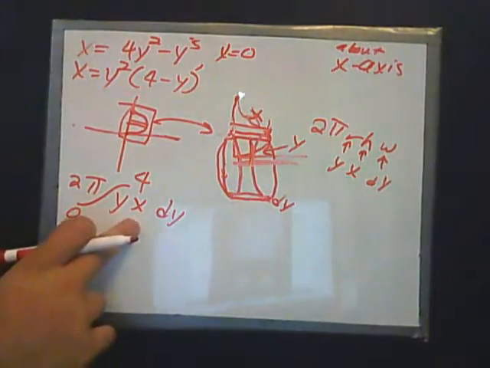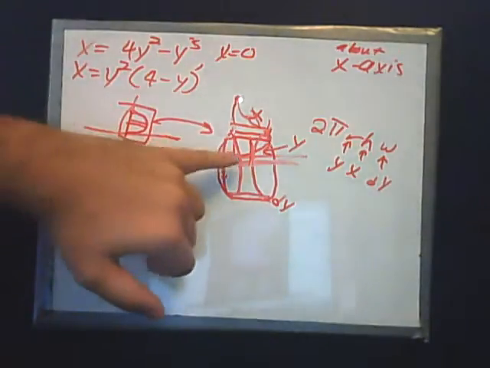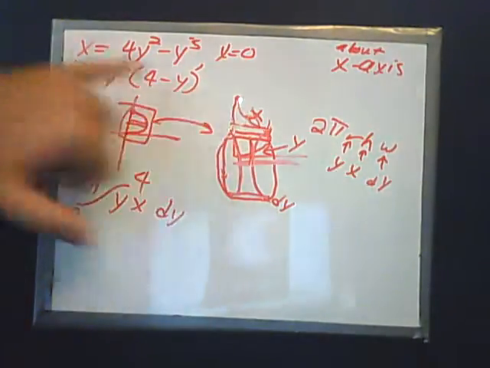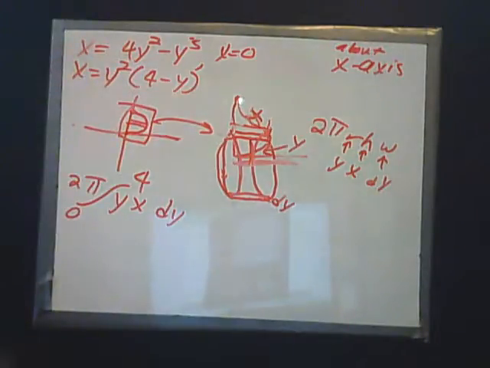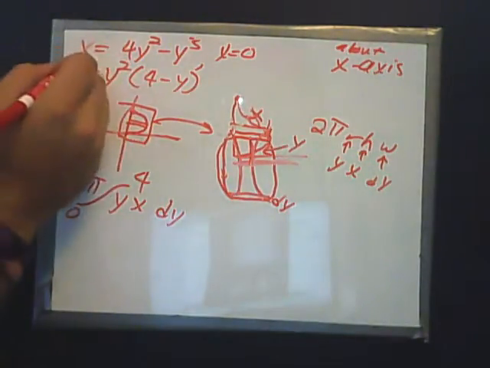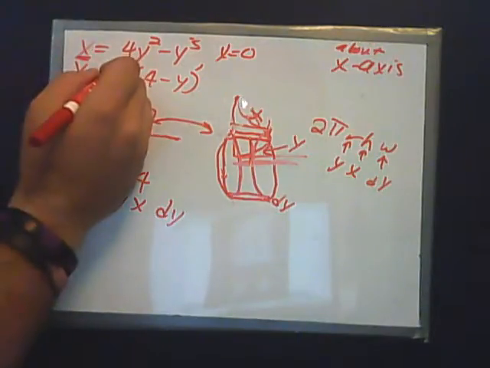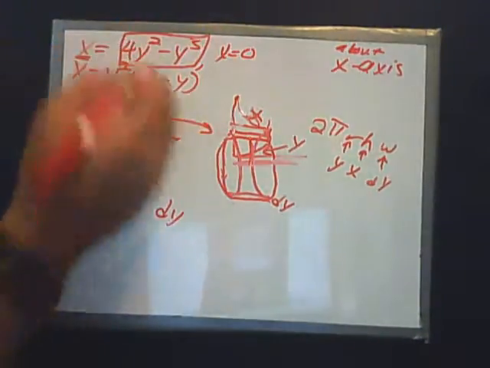And now our x is following along the curve that we defined as x equals 4y squared minus y cubed. So now we can just substitute x for this entire expression.